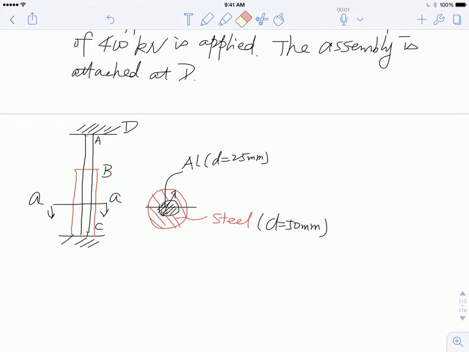Also, the height information I didn't give you, which is right here. You have 400 millimeters, then you also have 800 millimeters of bottom section right there.